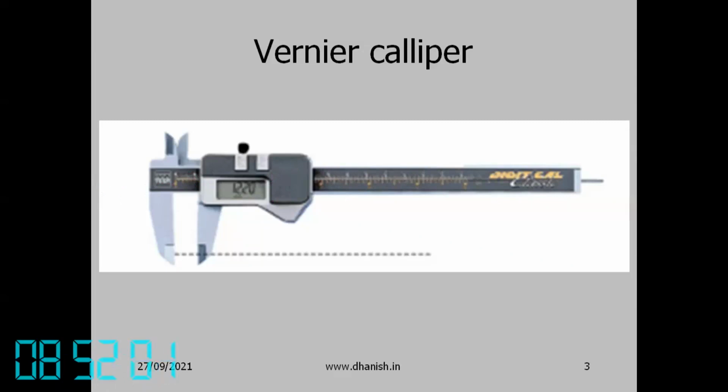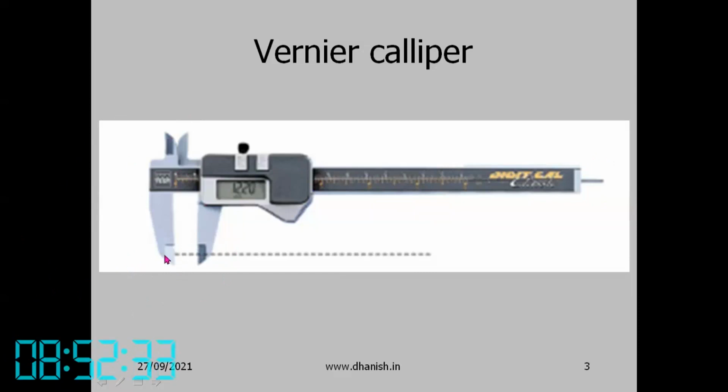And where is the workpiece kept in the vernier caliper? Of course, the vernier caliper has several jaws: the external jaws, internal jaws, depth rod. Depending on the application, you can use many jaws. But for this external jaw, this is the line of measurement. The object to be measured is usually placed here.